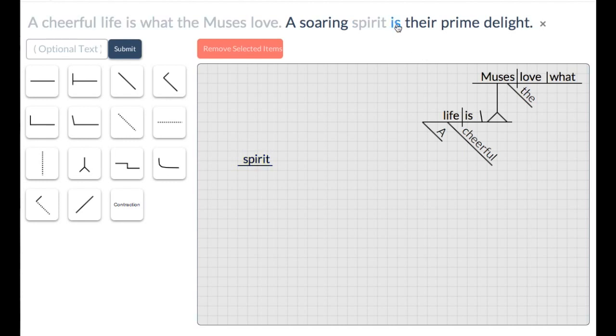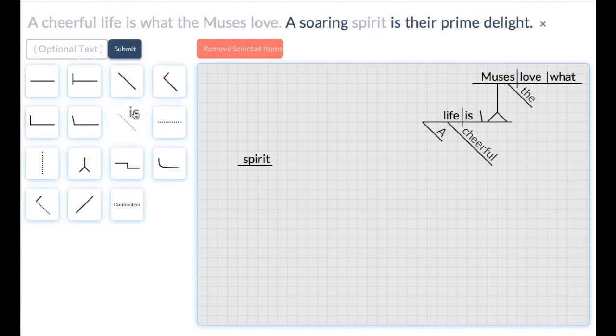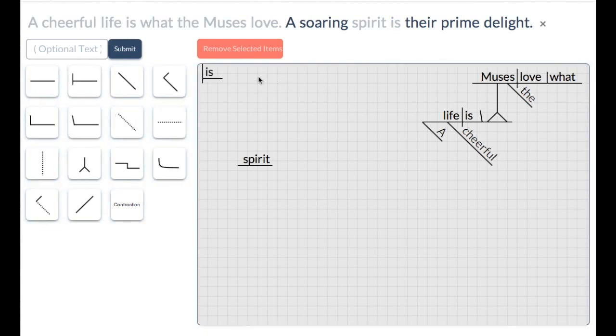We have a lot of is verbs. Those are intransitive linking verbs here. Here's our subject. Here's the predicate. The spirit is delight.